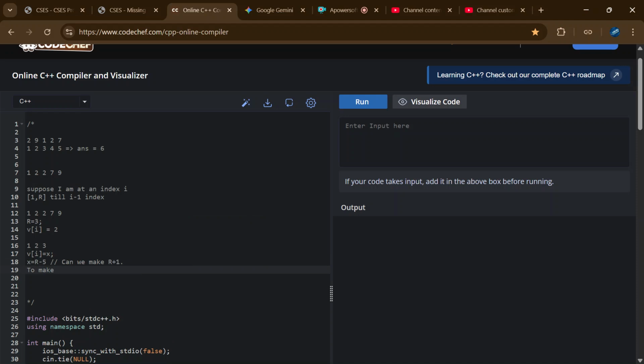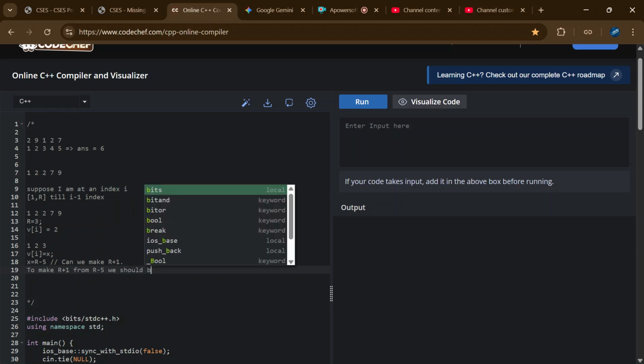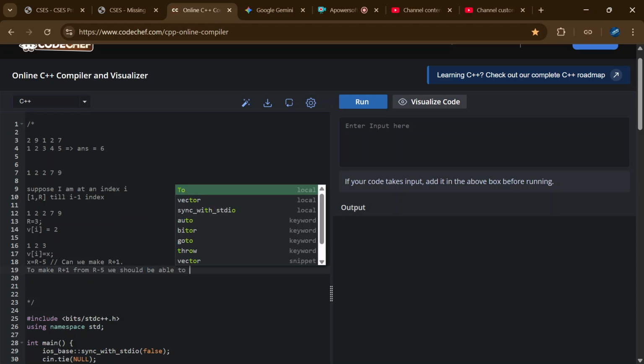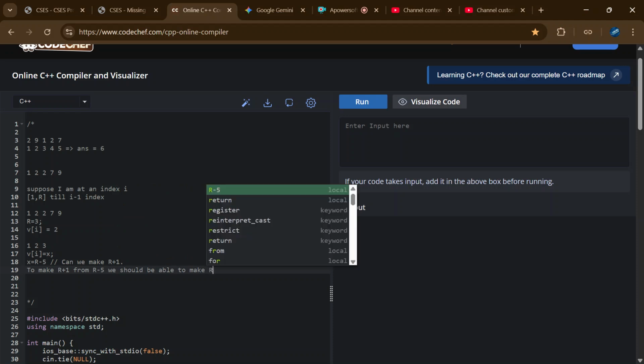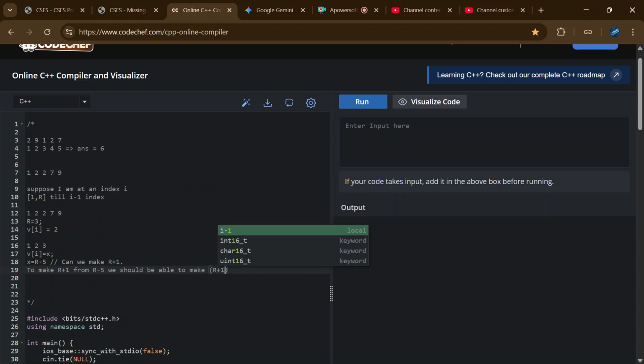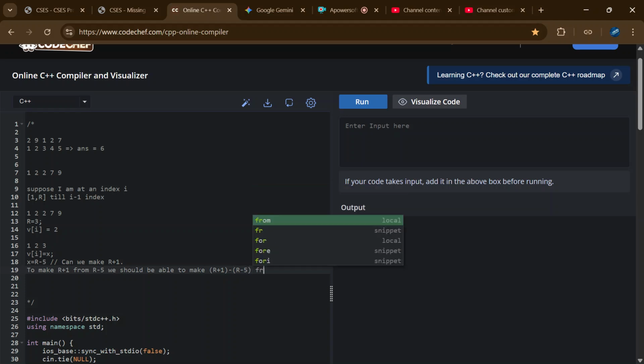To make r plus 1 from r minus 5, we should be able to make r plus 1 minus (r minus 5) from the previous.